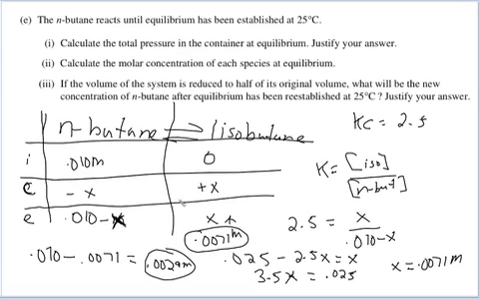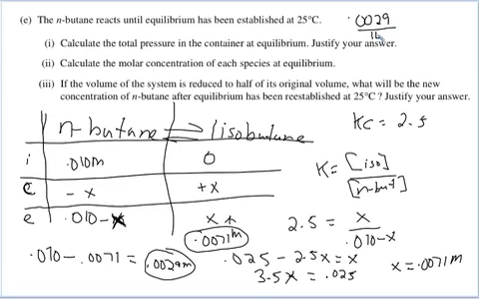Now letter 3: if the volume of the system is reduced to half its original volume, what will be the new concentration of N-butane? Right now at equilibrium we have 0.0029 over 1 liter.